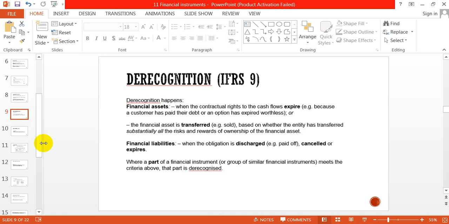So with financial assets, you derecognize when the contractual rights to the cash flows expire, either because the customer has paid their debt, or the option has expired worthless, or you've forgiven me.